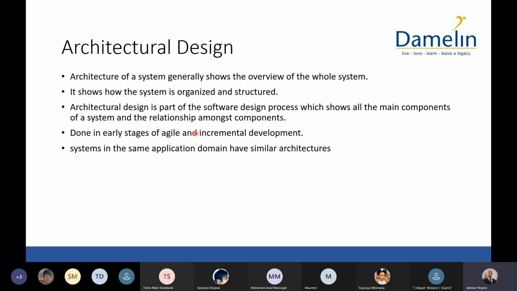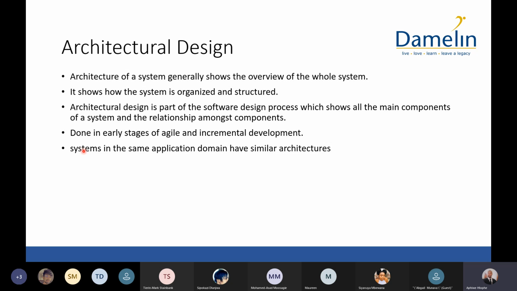Systems in the same application domain have similar architectures, and that is true. Because these architectures address a specific need, applications in the same application domain would have similar architectures.